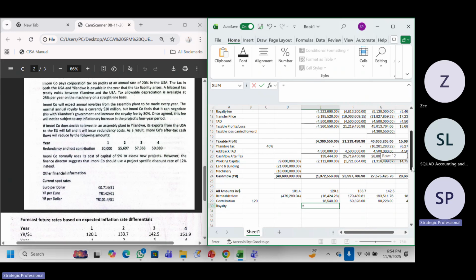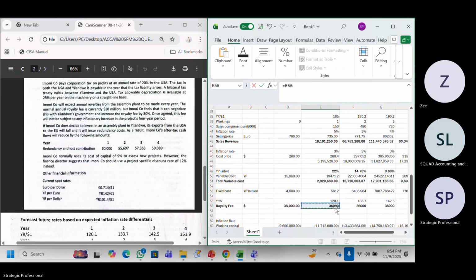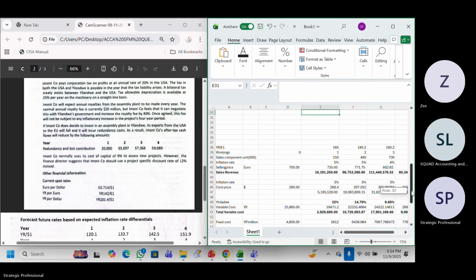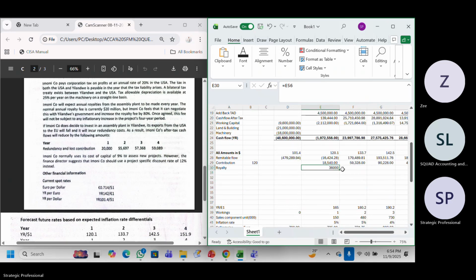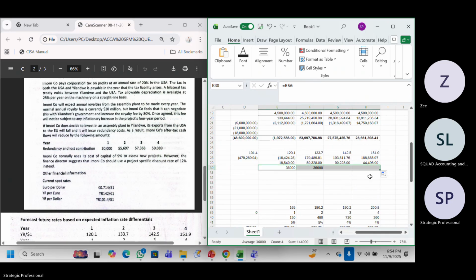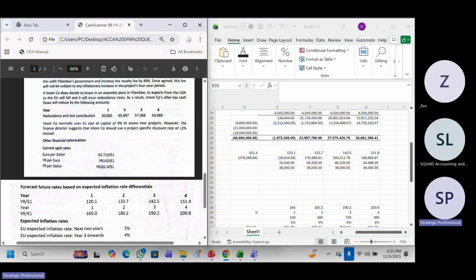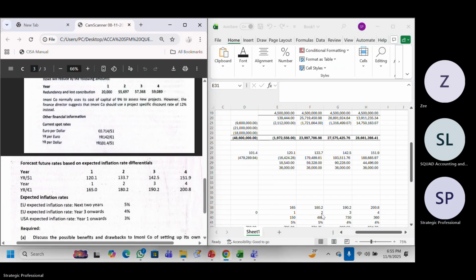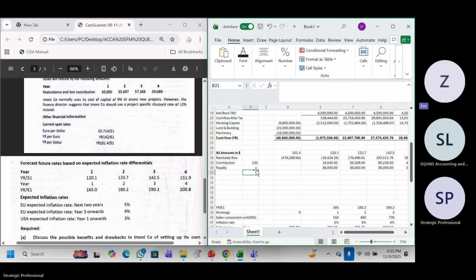So we just bring it, we don't waste time. So 36. What again? Oh, that's tax. And what's the tax rate? 20%. So tax.